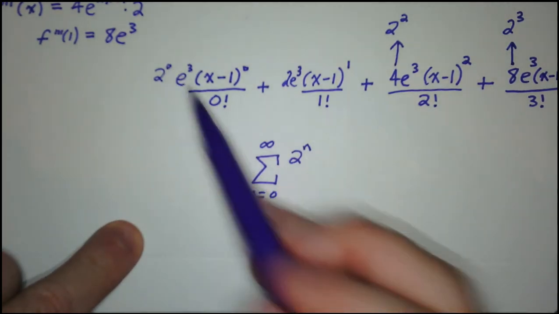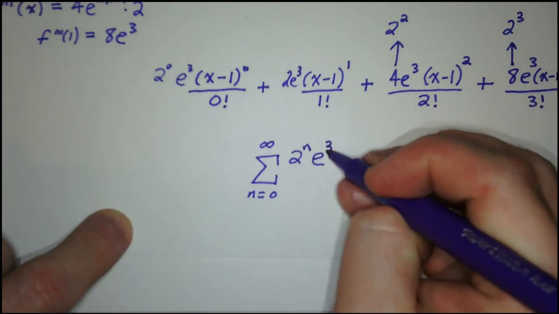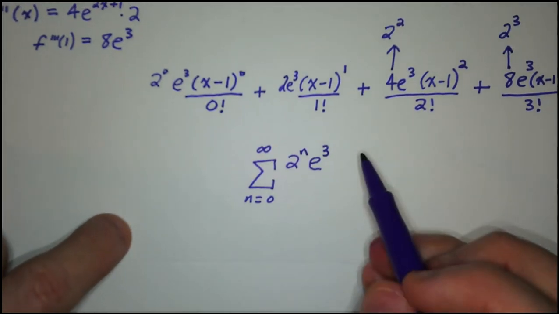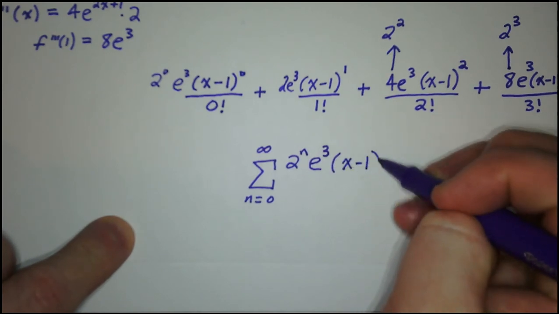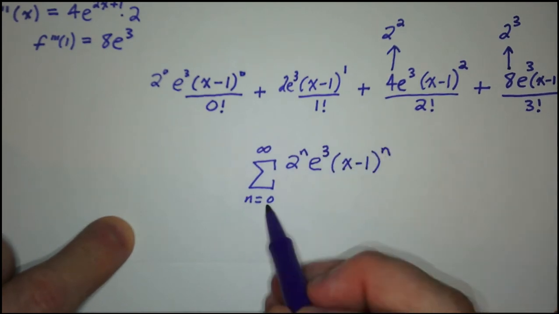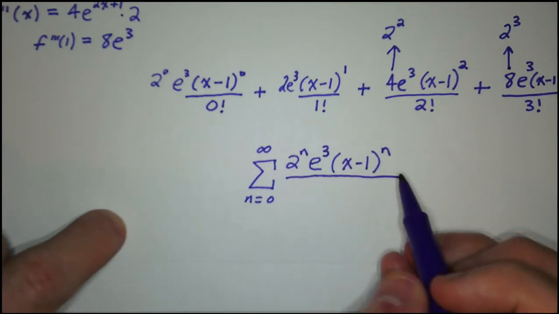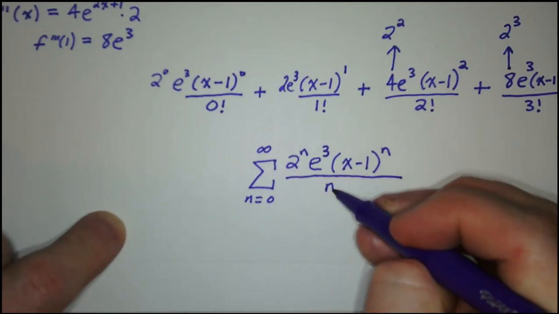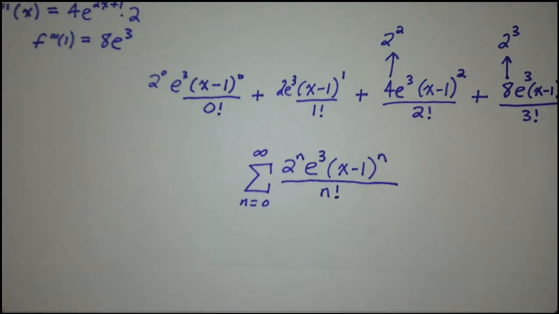And then we're always going to have an e to the 3rd, literally every single time, as well as an x minus 1 to the n power, starting at 0, all over n factorial, starting at 0. And that's the final answer, ladies and gentlemen, to number 3.